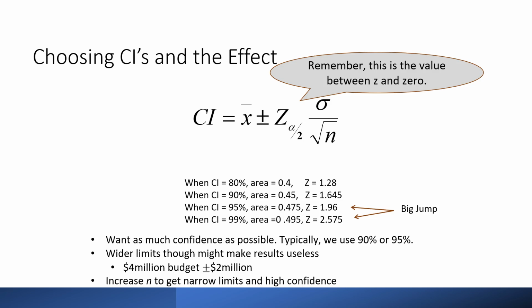So if you have a $4 million budget with an error value of plus or minus 2 million, that can make it really difficult to do budgeting, right? So if you want to get more narrow limits and higher confidence, you can do this by using a much larger sample size.